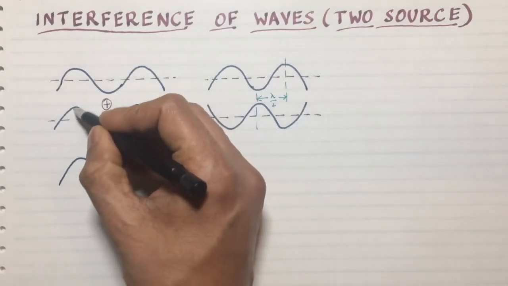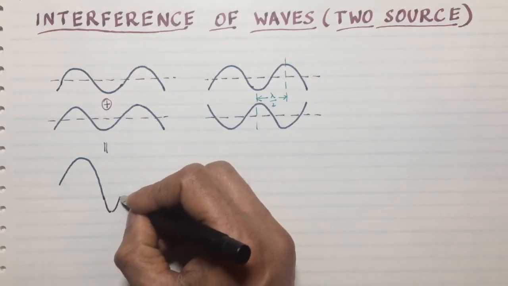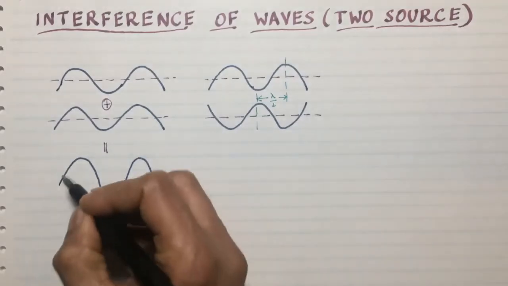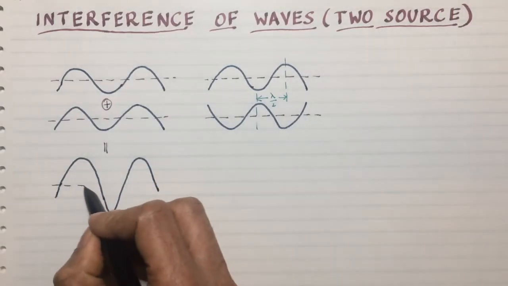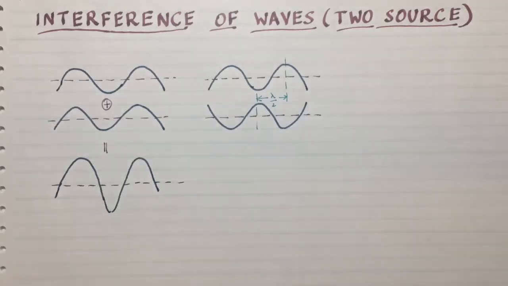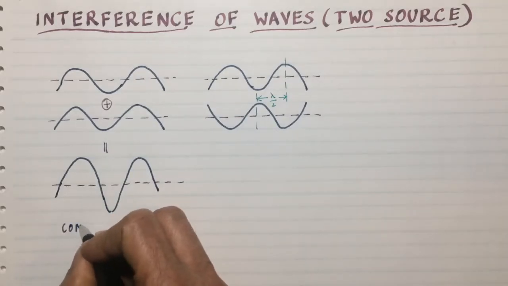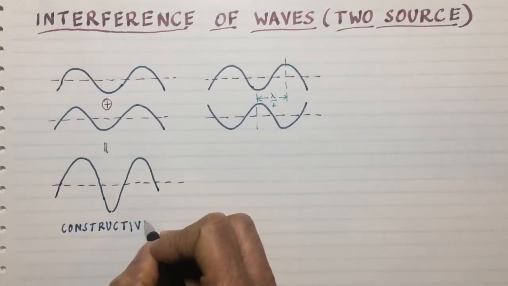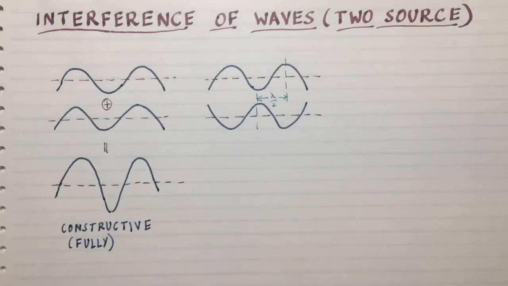I made sure that I have 1 unit here and 2 units now on this one, like so. So the peaks will be reinforced, as will the troughs. This particular mode of adding is called constructive interference, or more precisely, it's the fully constructive interference case.